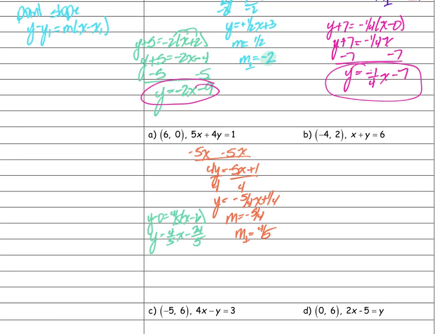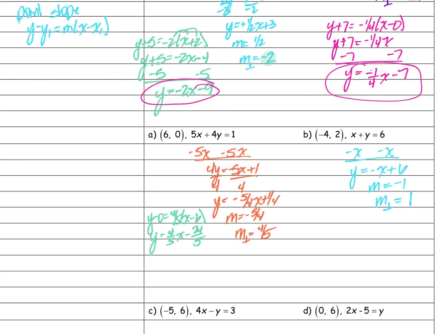So for the second one, I'm going to subtract x. So I get y equals negative x plus 6. So my slope is negative 1. The slope of my perpendicular line is positive 1.